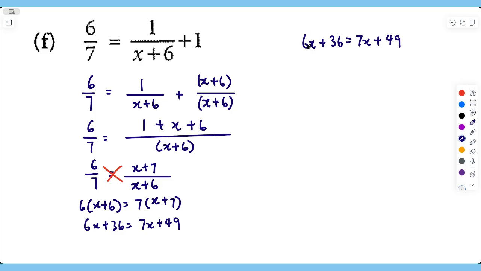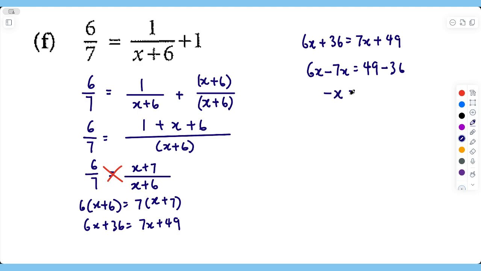I will bring all the x terms to one side. So we have 6x. Let's bring over 7x. That becomes negative 7x equals to, we keep 49 on the right side. Bring over positive 36. That becomes negative 36.